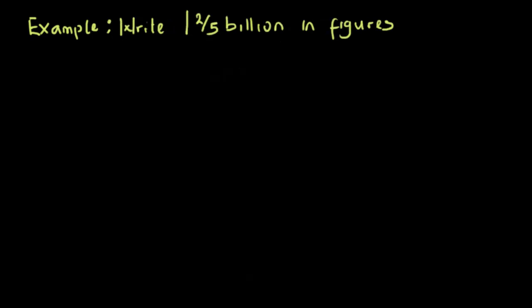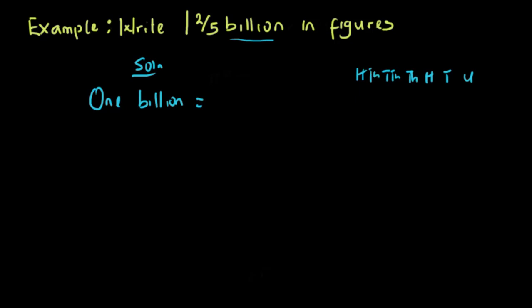Alright, so we have: write 1 whole number 2 over 5 billion in figures. Now in this case we have billion. So the first thing we need to write is 1 billion. Do you understand? And 1 billion will give us units, tens, 100, thousand, tens of thousand, 100,000.